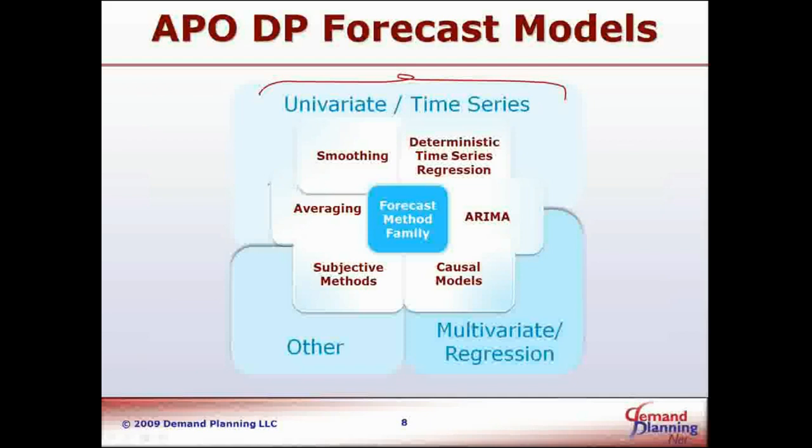So what are the models we have? This is the large family of models that are available, and we will talk about which ones are available within APO. The first set is called the univariate time series models. These models just use historical information, the historical past of the same variable that we are forecasting.